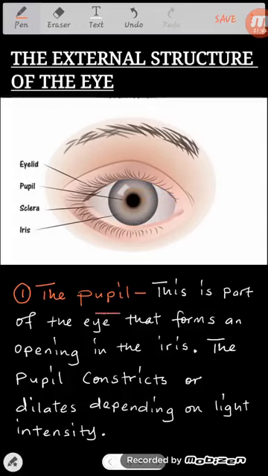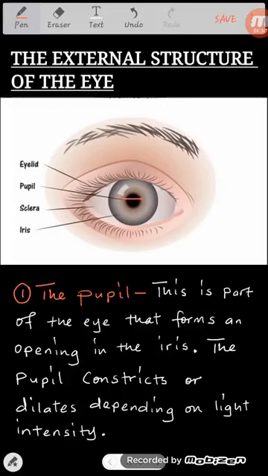Now, the pupil is part of the eye that forms an opening in the iris. Okay, the pupil contracts or dilates depending on light intensity. The word light intensity simply means how bright or dim the light is. You know that light can either be very bright or very dim. That aspect of dim or bright light is what we call light intensity.